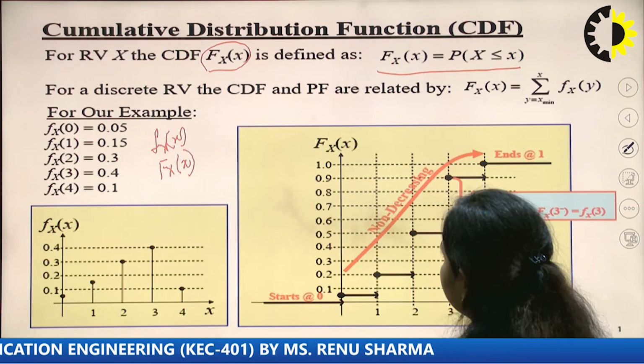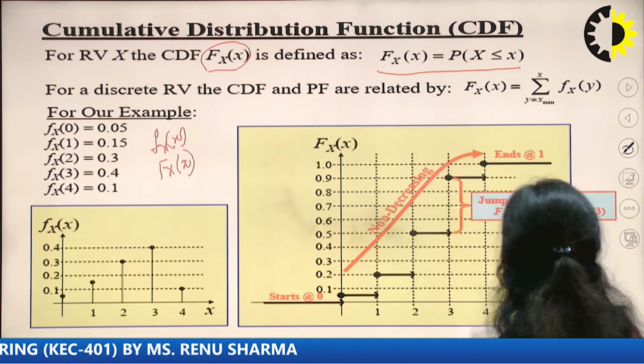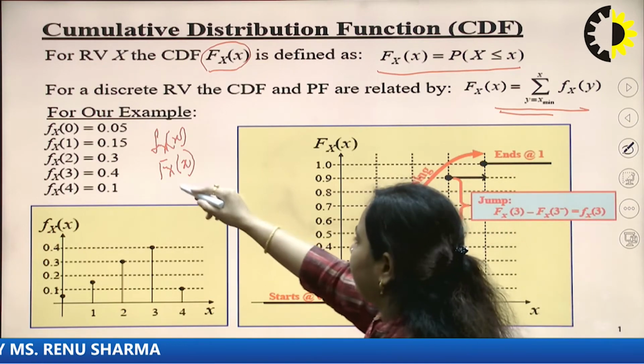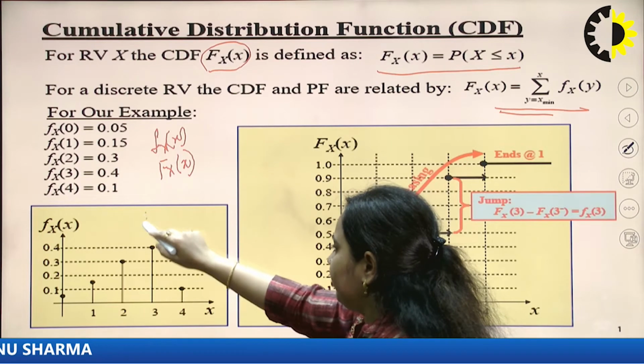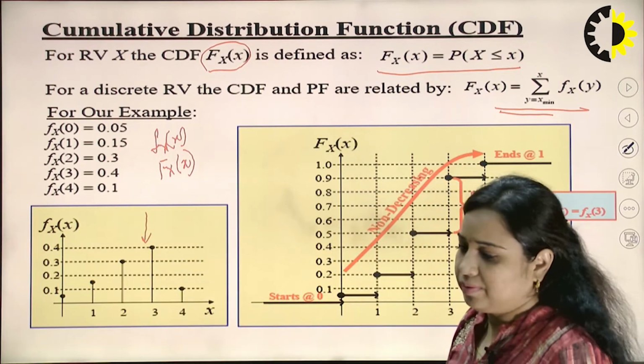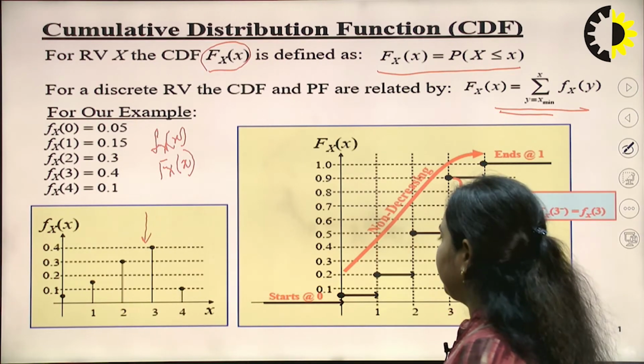For a discrete random variable, the CDF and probability function are related by this particular equation. For our example, in the previous slide we discussed the PDF of a given random variable x. Now, we can also plot the CDF of this random variable.